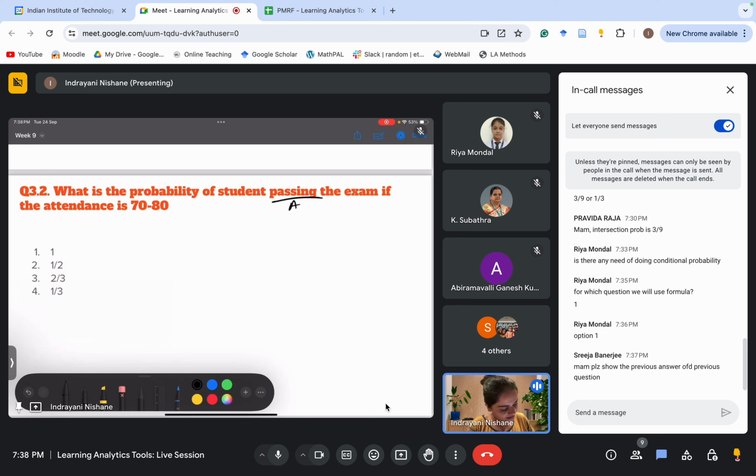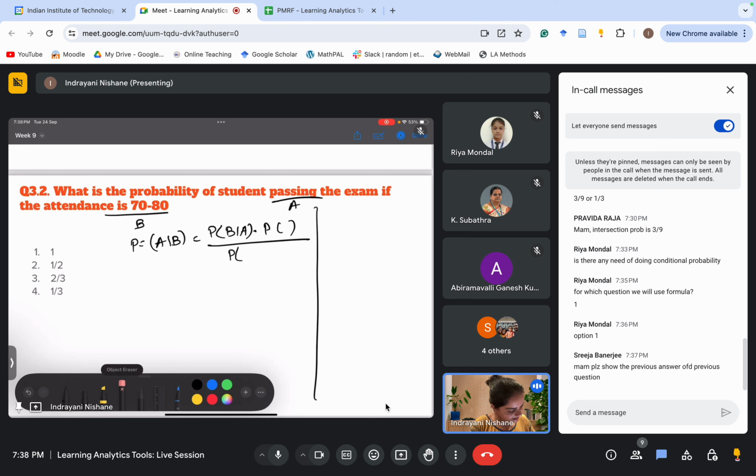So passing is event A, attendance between 70 to 80 is event B. Probability of A given B has occurred is probability of B given A multiplied by probability of A, passing, divided by probability of B, attendance between 70 to 80.